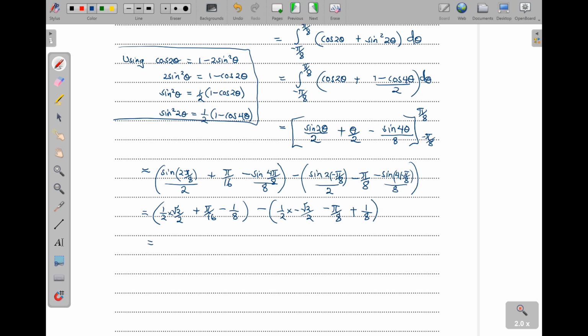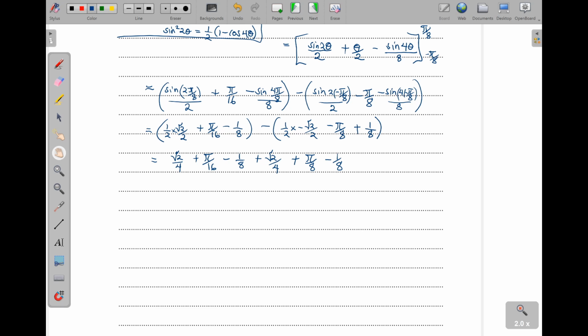Then after that, simplify. This will be root 2 over 4 plus pi over 16 minus 1 over 8. Then you open brackets. This one is going to become a plus. So root 2 over 4 and then plus pi over 8, then minus 1 over 8.